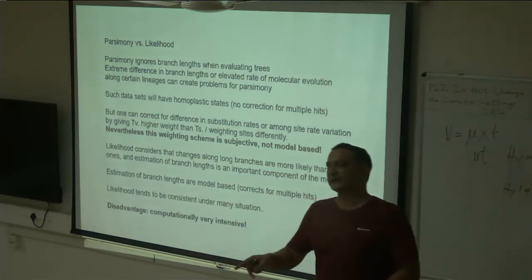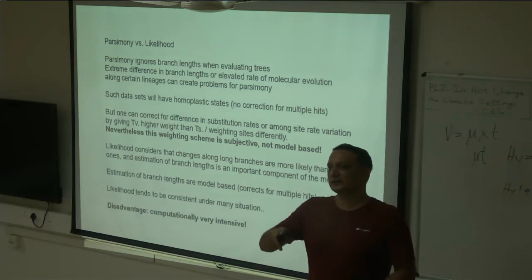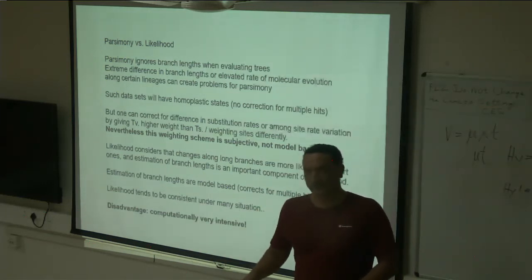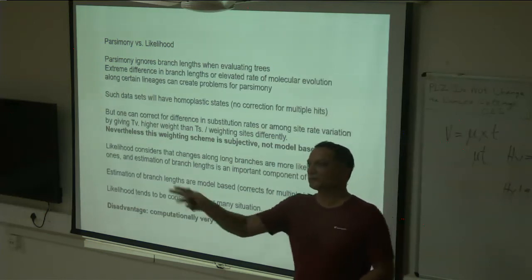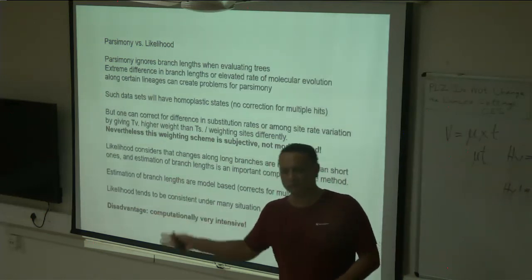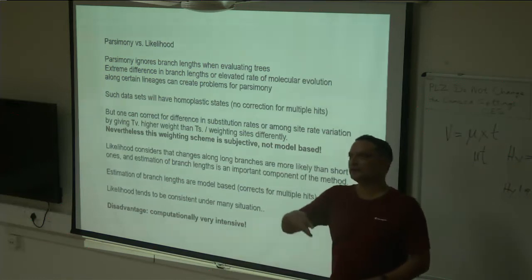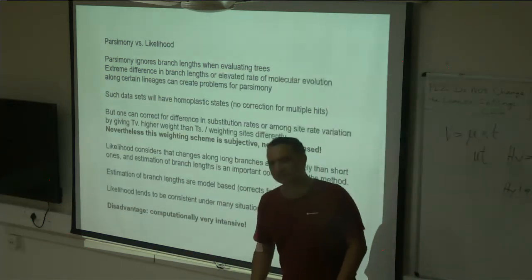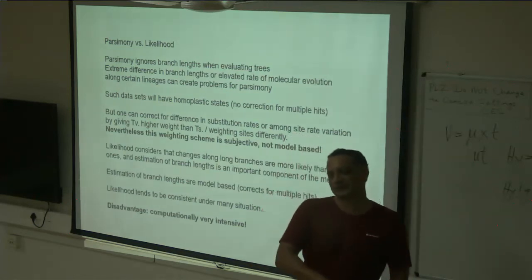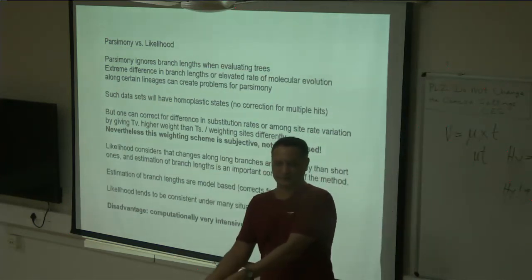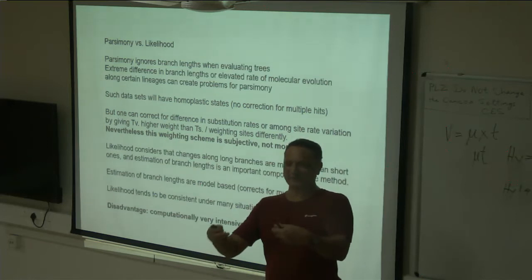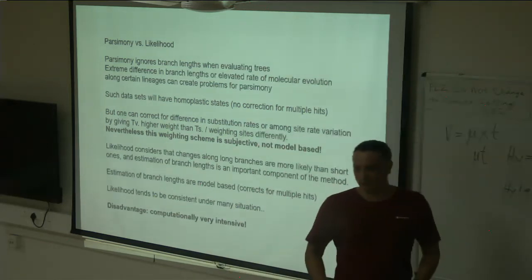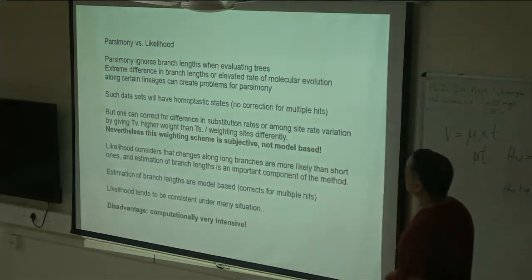What you're doing is you look at all the substitutions in your data set, and then you ask the program how many of those substitutions are transitions and how many are transversions. From that you get a ballpark figure of how often transitions occur, and based on that you weigh your transversions more. So in a way it's subjective. It's not being estimated by a model of sequence evolution. Okay.